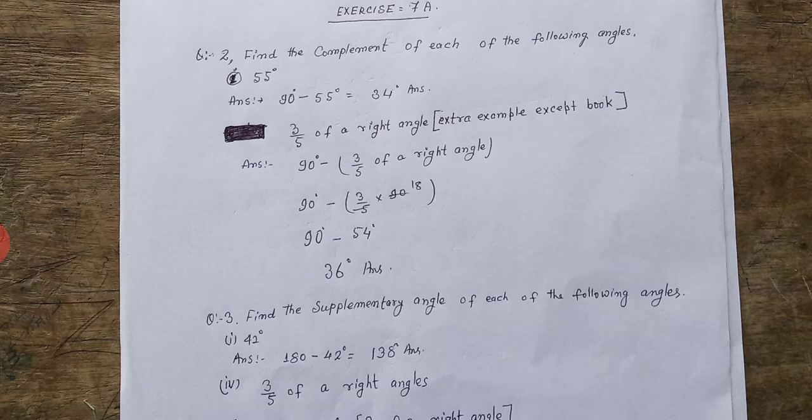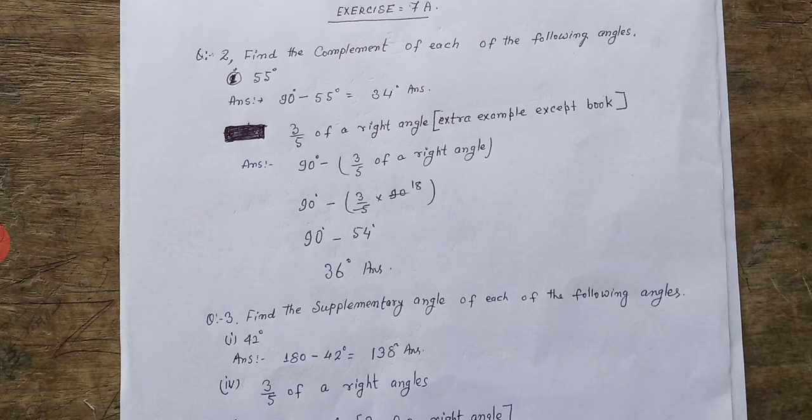So the answer is 90 degree minus 3 by 5 of a right angle, 90 degree minus 3 by 5 into 90 degree. 5 divides 90, where the quotient is 18. Now 18 times 3 is 54. 90 minus 54, after being subtracted, is 36 degree. This is the answer.